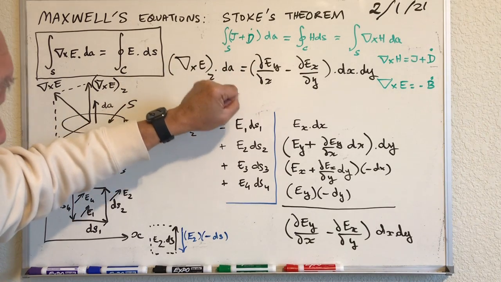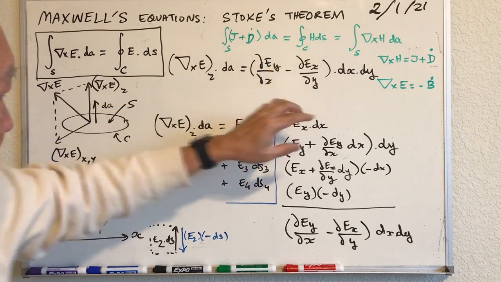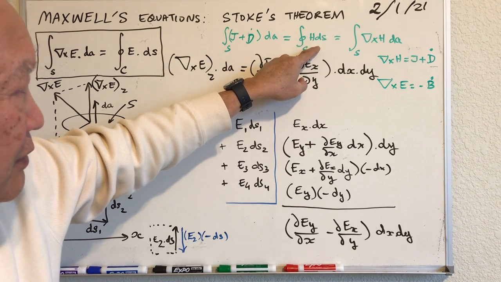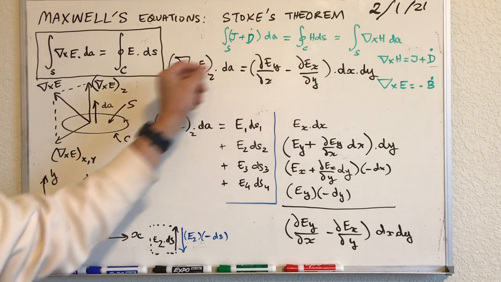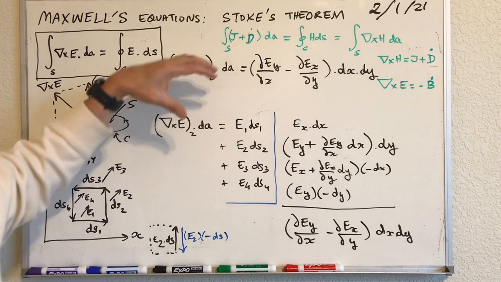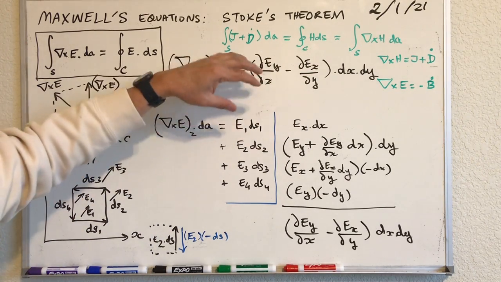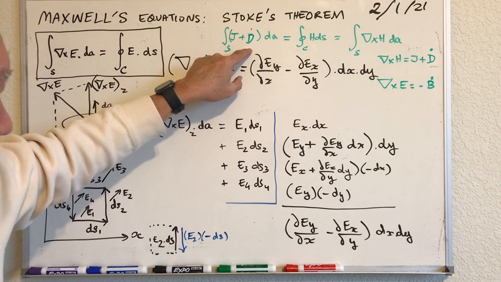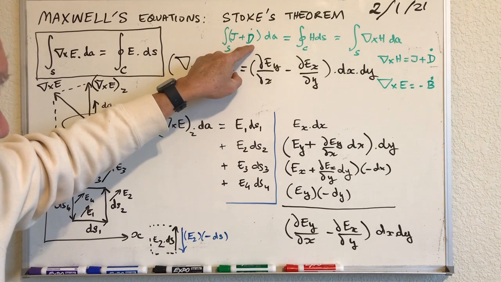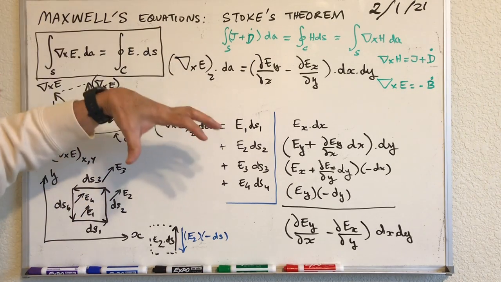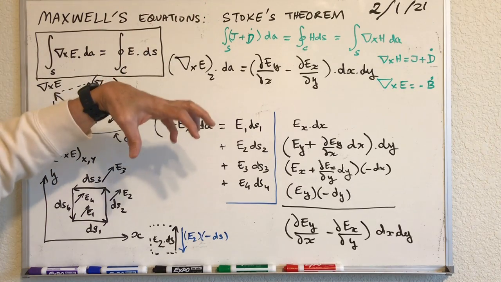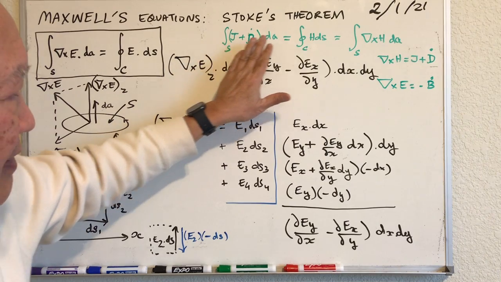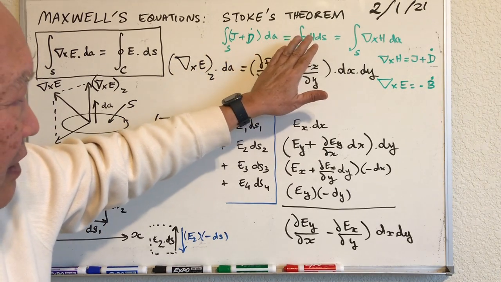It states that if you take the magnetic field strength and integrate it around a closed curve, it is equal to the sum of all the current plus the time varying part of the electric displacement, the sum of all of that going through the surface that is defined by that curve C. So this is the modified Ampere's law.